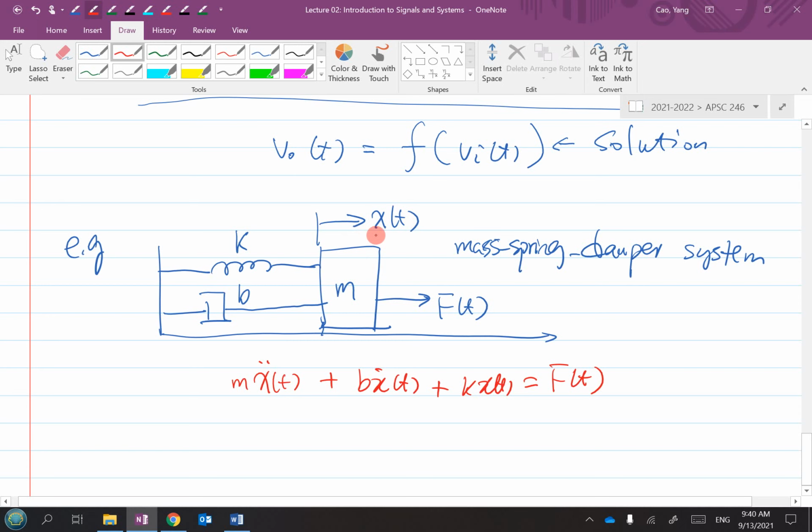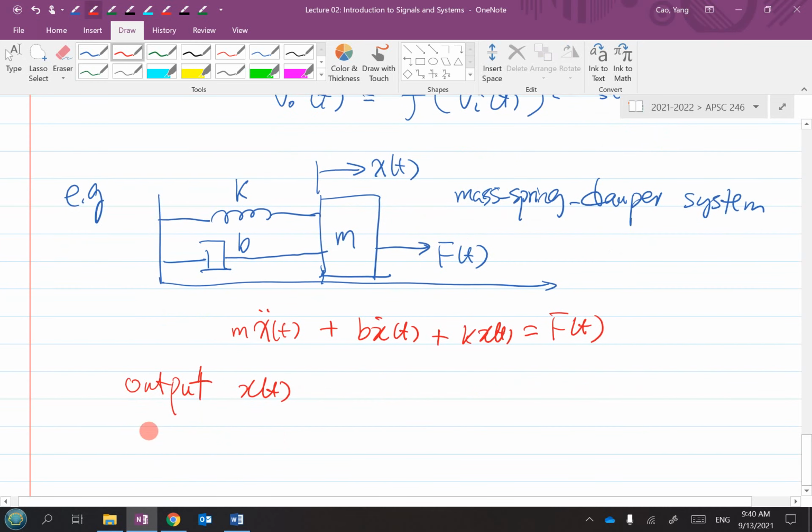From this stage on, I need you to be able to always think from an input-output perspective, not just a pure math equation, okay? Like y equal to ax plus b is a straight line, it's pure math. But we need to think from an input and output perspective.